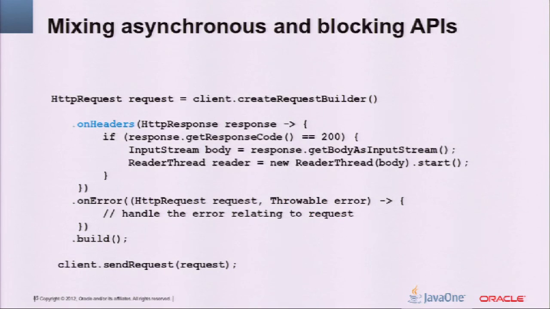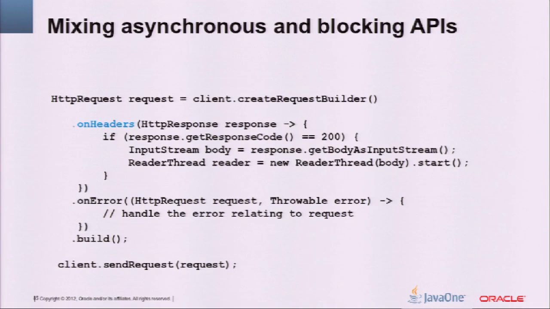I just wanted to show on this example how you can actually mix the different modes here. Say for example your application wants to use the basic asynchronous mechanism, but you also want to read the responses using an input stream, maybe because you have some legacy code which only understands input streams. What you can do here is, in the onHeaders method, the implementation checks for a response code of 200, meaning OK.